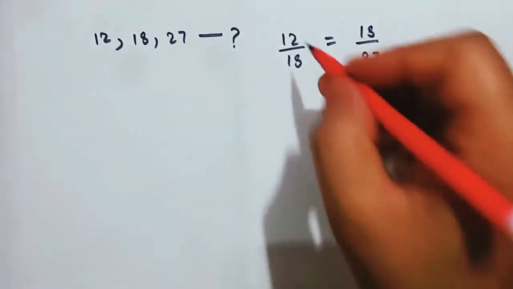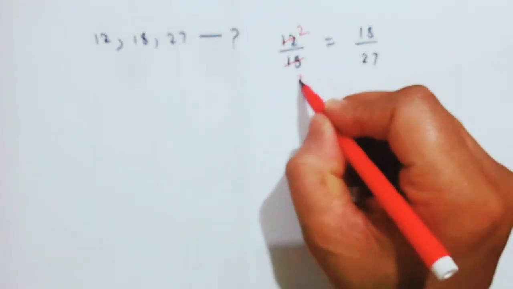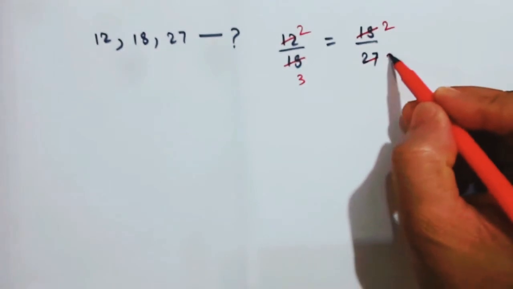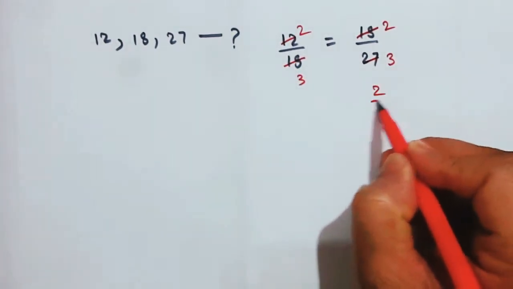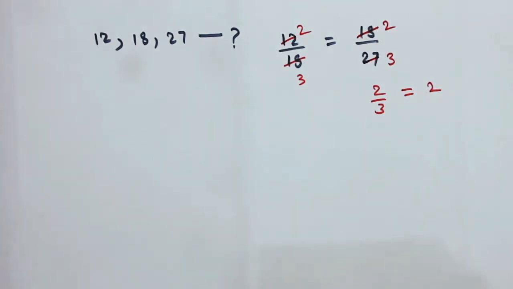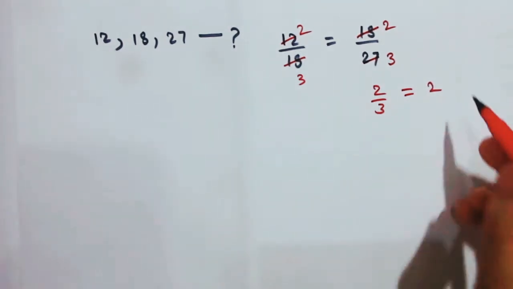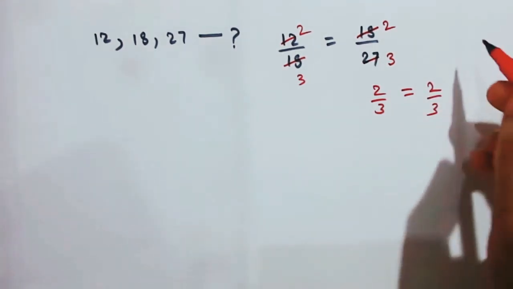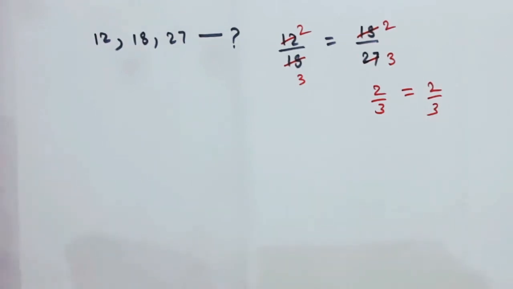Let us see. 6 2 times, 6 3 times. Similarly, 9 2 times, 9 3 times. Yes, 2 by 3 is equal to 2 by 3. So we say yes, they are in continued proportion.